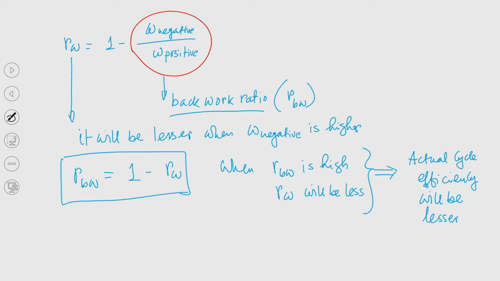So, if back work ratio is high, work ratio will be less, and actual cycle efficiency will be less.